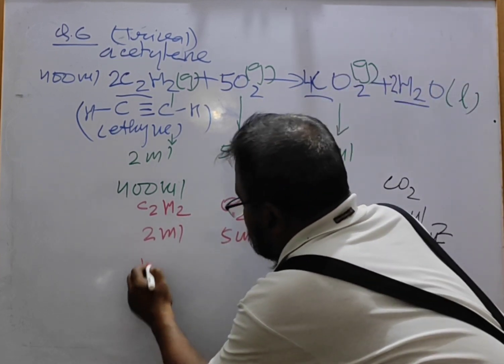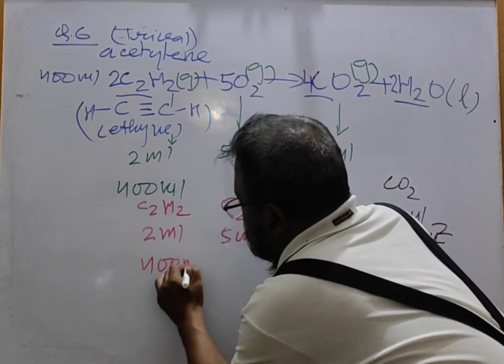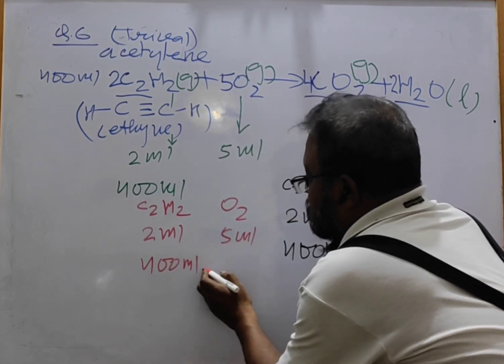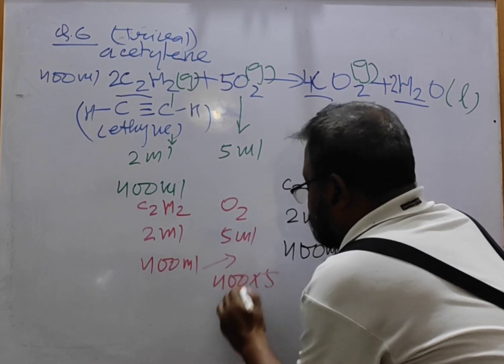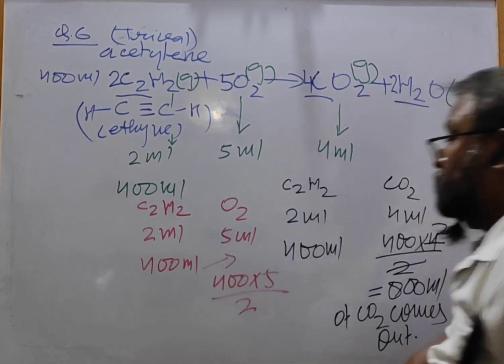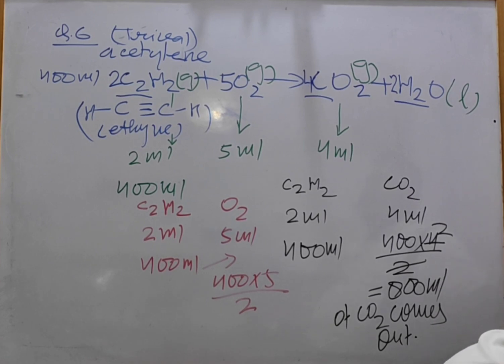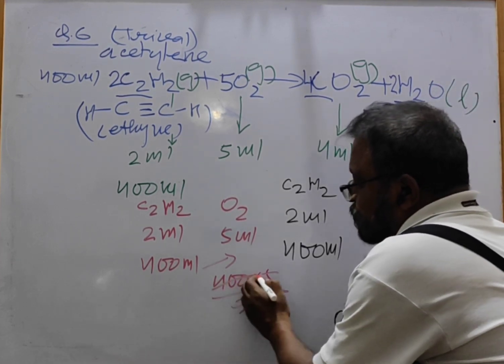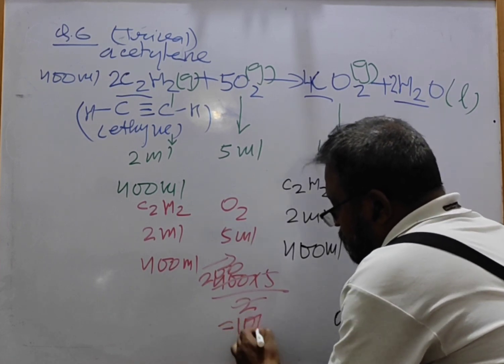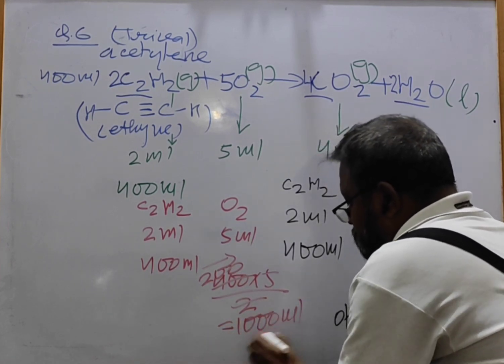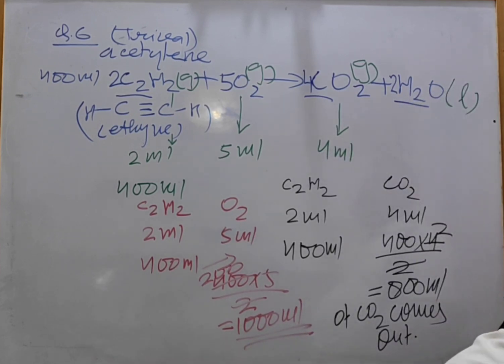So 400 ml will combine with how much oxygen? That is 400 into 5 by 2, which becomes 1000 ml. Is it correct? 1000 ml of oxygen.